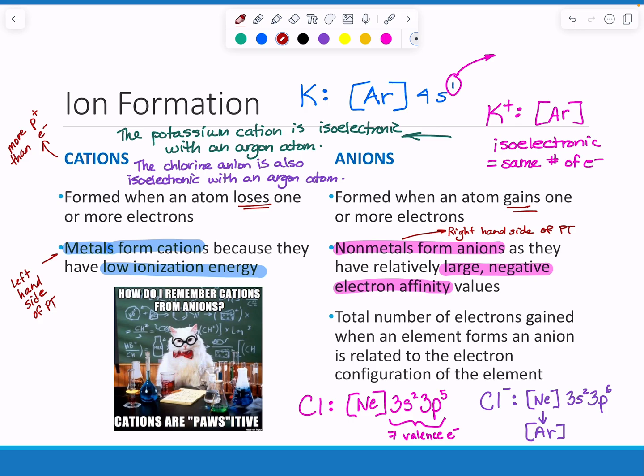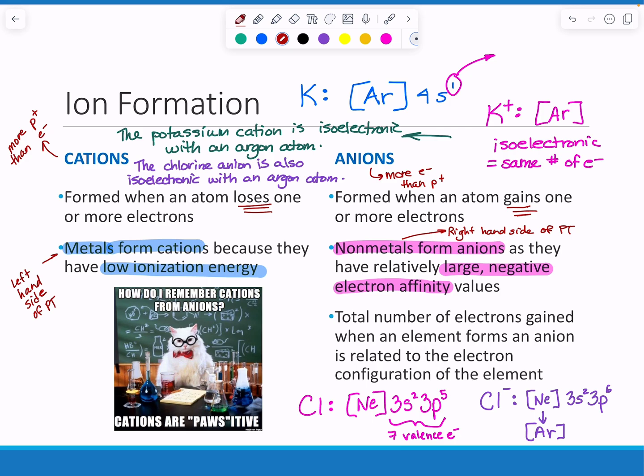So our atom has lost electrons. And an anion, we have more electrons than protons. So we have a negative charge, and that's when we gain electrons, so that we have more electrons than protons in our atom.